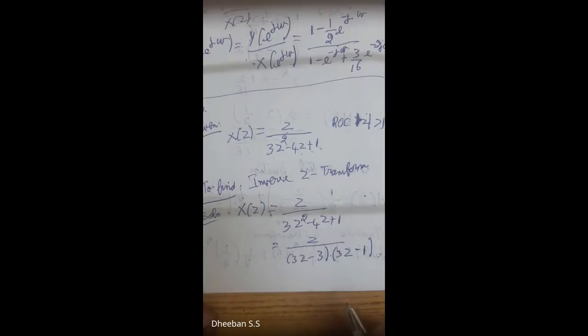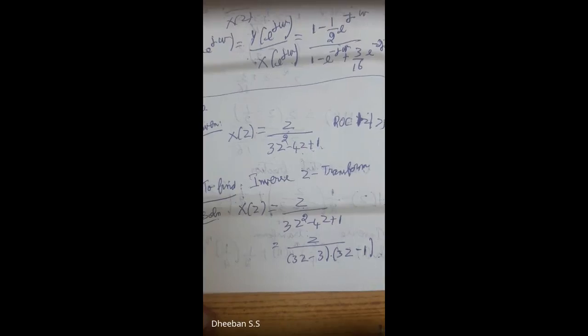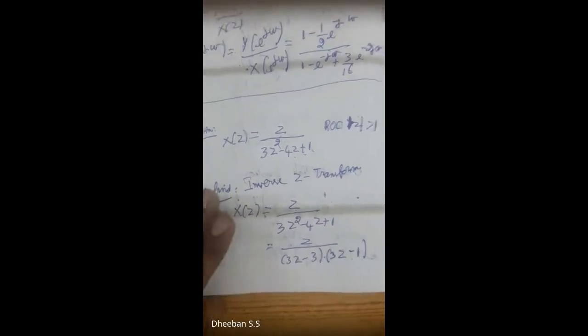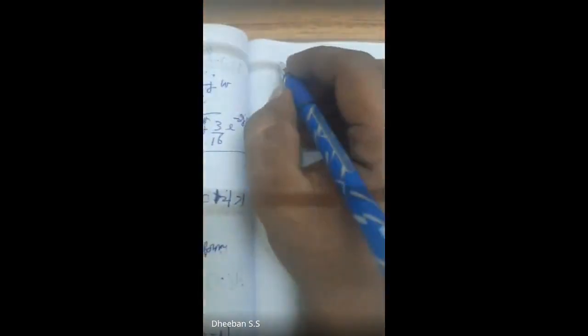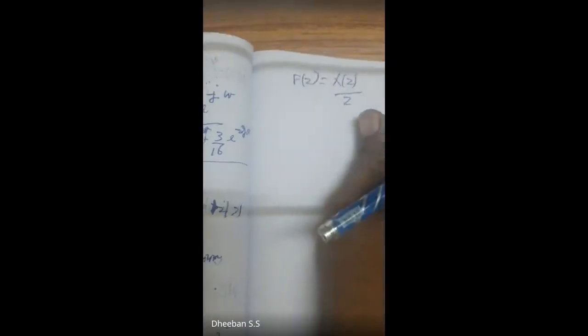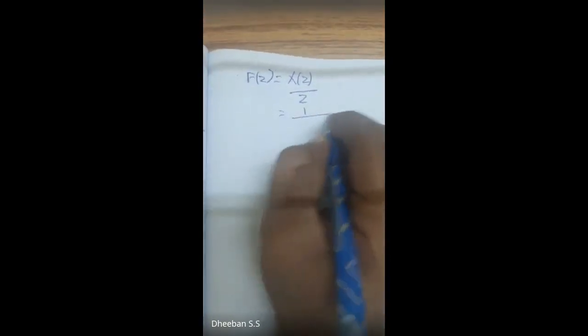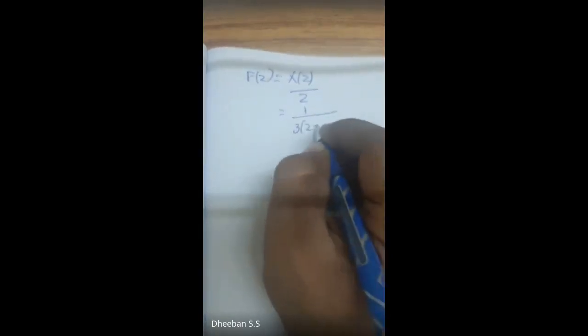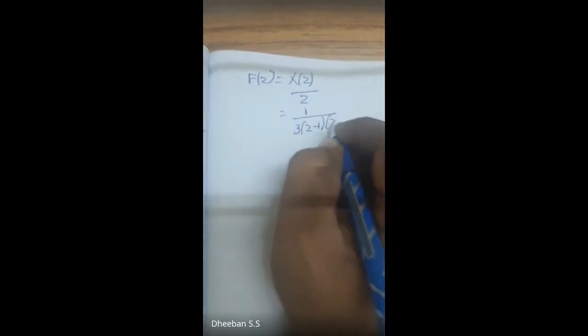Now what you have to do is find the function F of z. So bring this z to that side. Here F of z is equal to X of z by z, which will be equal to 1 by 3 into (z minus 1) into (z minus 1 by 3).